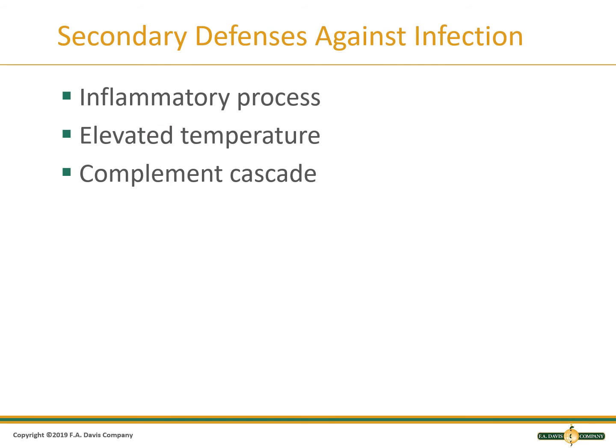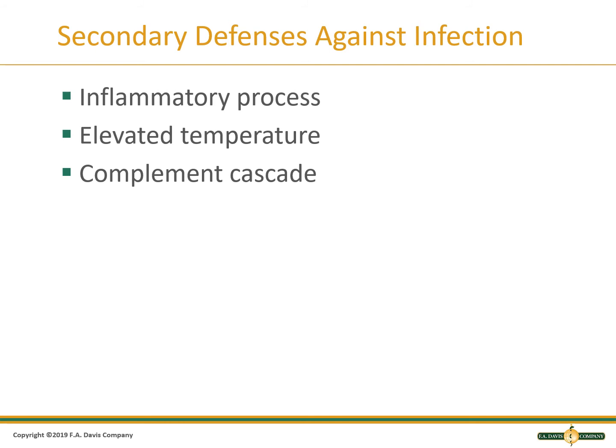So, secondary defenses against infection. You have the inflammatory process. We will discuss that further in detail in chapter 26, but briefly, when an injury occurs, the white blood cells release histamine and other chemicals that cause the blood vessels near the injury to dilate. This dilation results in redness and warmth in the area of injury.